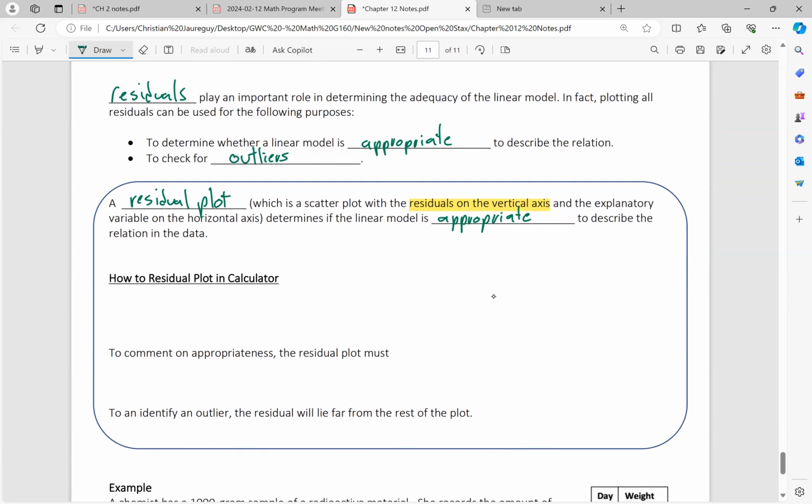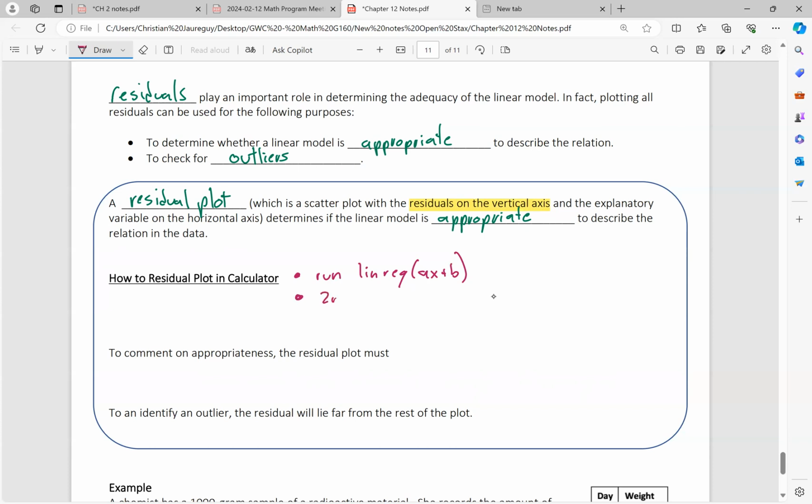How do you do this in a calculator? Let's write it down first. We're going to run LinReg ax plus b. Find that model, y hat equals ax plus b. Find the r, just so everything's recorded in your data.